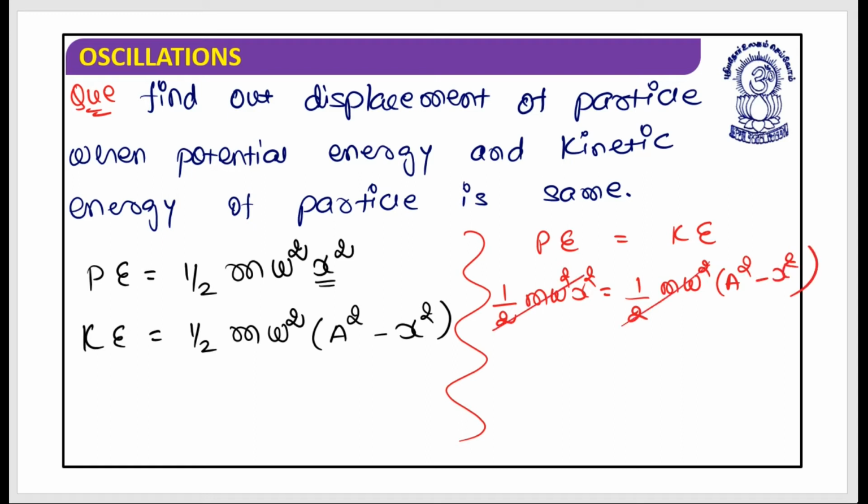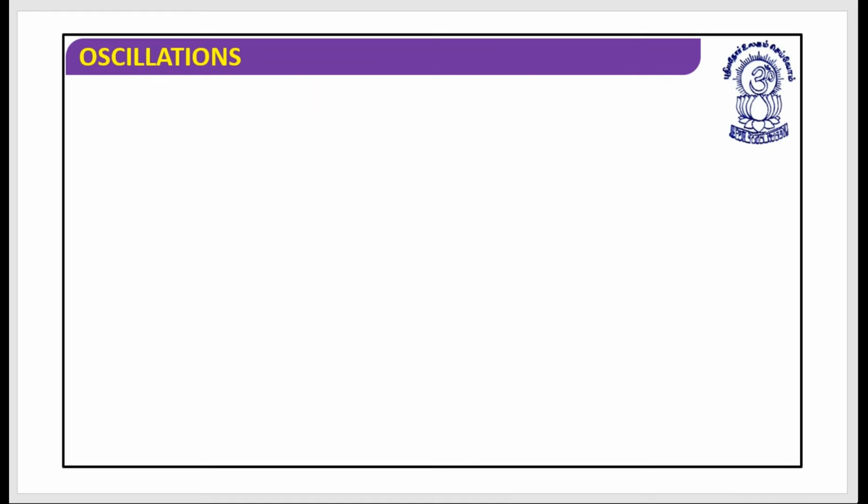If I solve this, half m omega square goes away, and x square equals a square minus x square. From this, 2x square is equal to a square. So x square equals a square by 2.